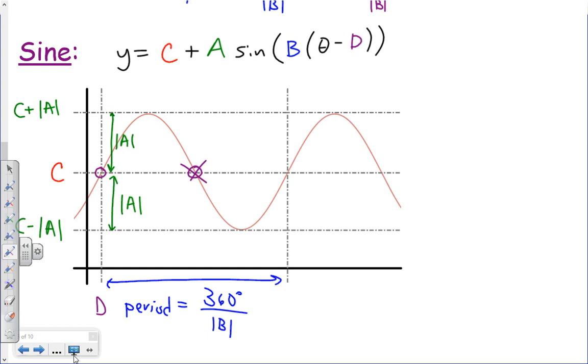In other words, there are two possible values that you could be considering when you're looking for the value of d for sine. Got to make sure you get the right one. It's not just enough to say it's where you cross the sinusoidal axis. You also have to be increasing as you go through it. And of course, if you wanted to name this value over here, this would be d plus 360 over the absolute value of b.